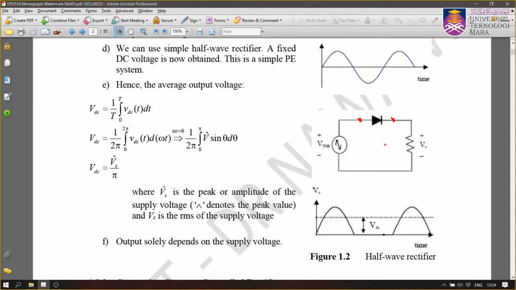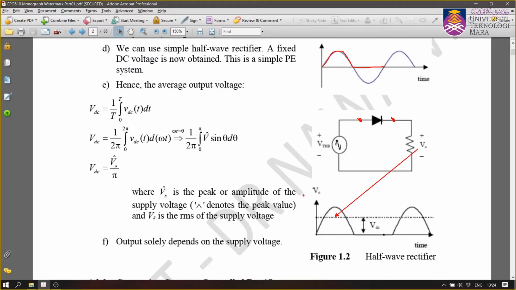So if you look at the waveform again, you will copy the supply voltage positive half cycle, but during the negative half cycle the output will remain 0. So this is your output voltage waveform.